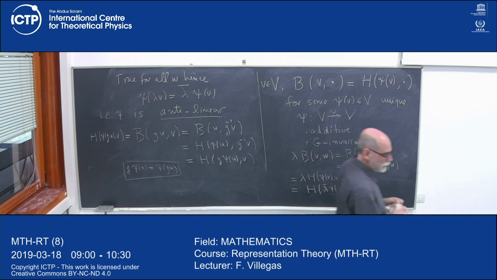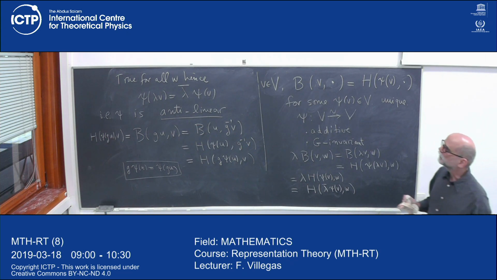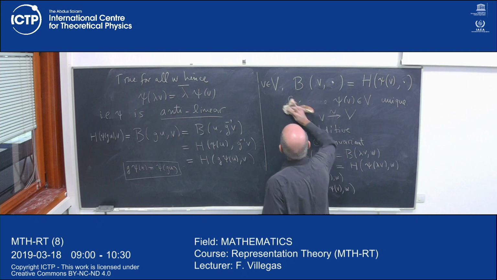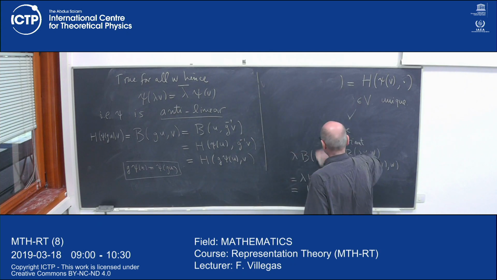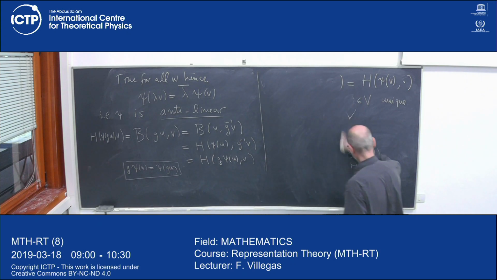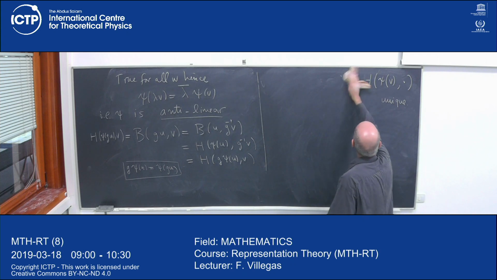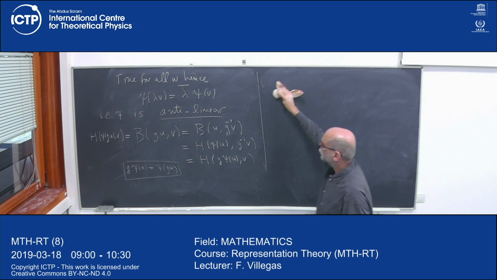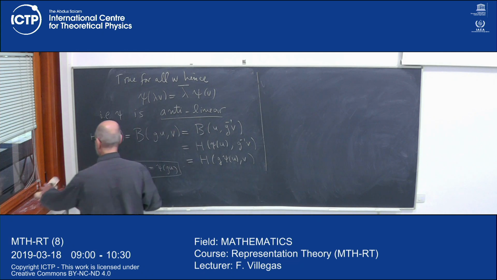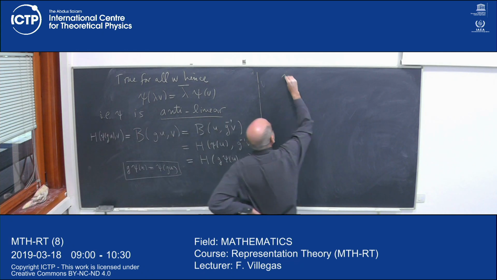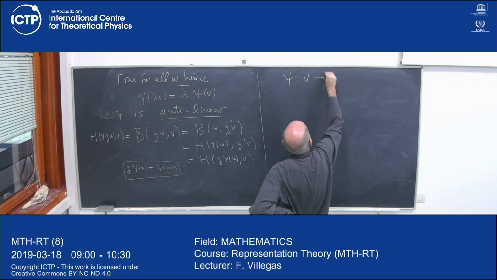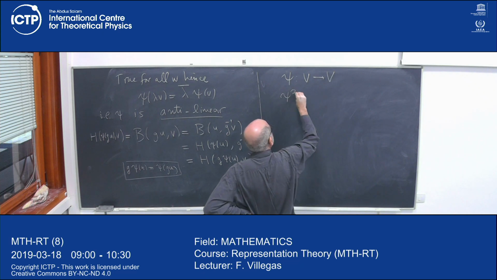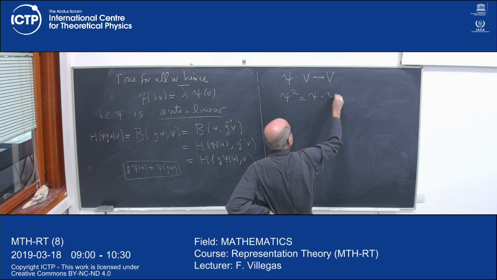So this guy psi will play the role of J in the quaternionic world, because see what happens when we square it. If you square psi, so psi goes from V to V, it makes sense to talk about psi squared, in other words, psi composed with psi.